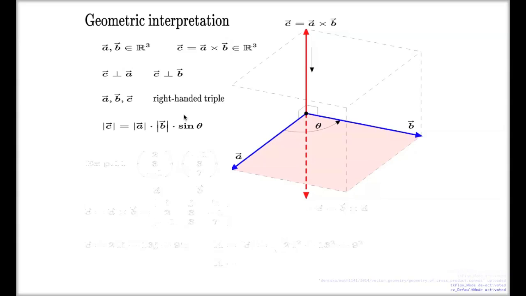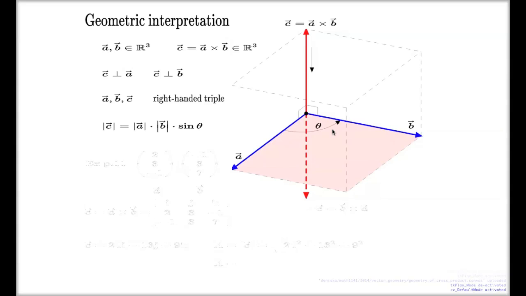It will have lots of beautiful demonstrations, with the right hand, with the thumb, and many other ways to remember what the right-handed triple is. I prefer this one. If you imagine yourself sitting on the tip of this vector and looking down along this arrow, I hope you can imagine that with your powerful graphic chip. If you're sitting on the top of this vector and looking down, you should see the turn from the first to the second counterclockwise.